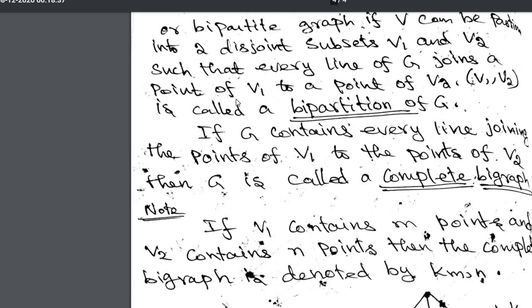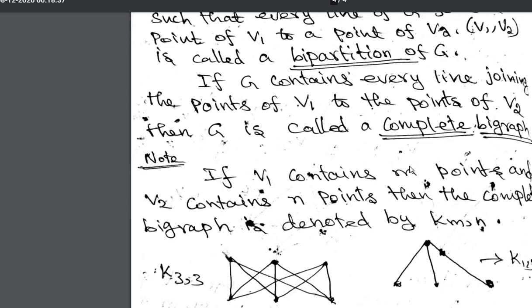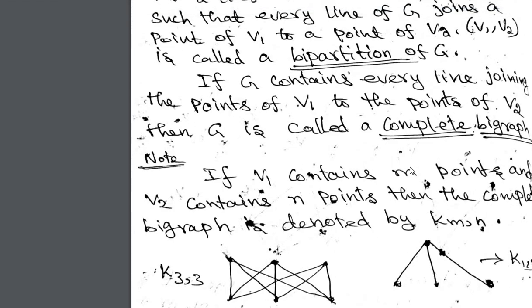All the lines join from V1 to V2, so all the vertices of V1 are adjacent to all the vertices of V2. This is called the complete bigraph. Here are some examples.